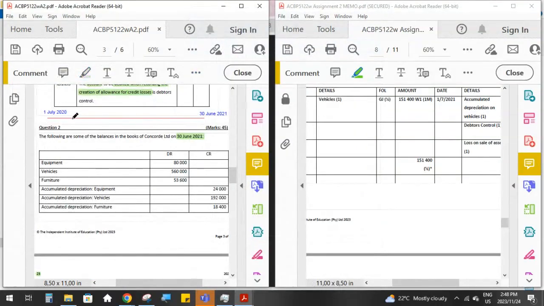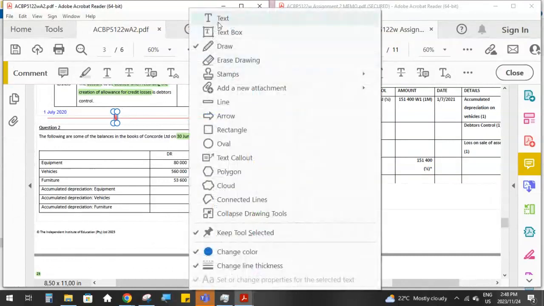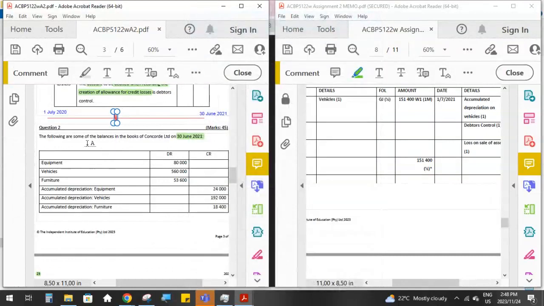July, August, September, October. So I'm just making a random line there, and I am going to say that that is the 1st of October, and I bought a computer on that date.